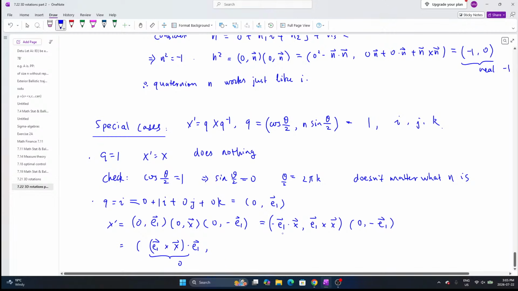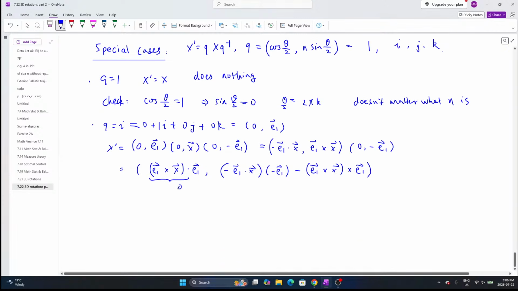In the vector part, you get minus E1 dot the scalar minus E1 dot x times minus E1. And then E1 cross x times 0, that's nothing. Finally, the cross product term, which is minus E1 cross x, and then cross E1.